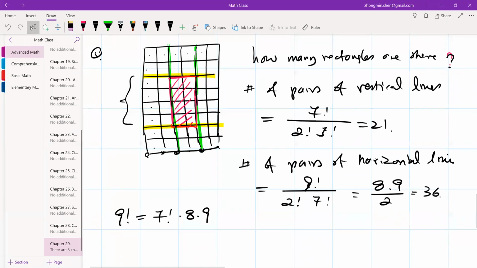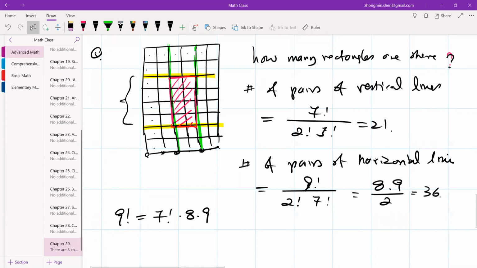So in order to select the rectangle, it involves 2 steps. Step 1, select a pair of vertical lines: there are 21 pairs, 21 choices. Step 2, select a pair of horizontal lines: there are 36 choices.